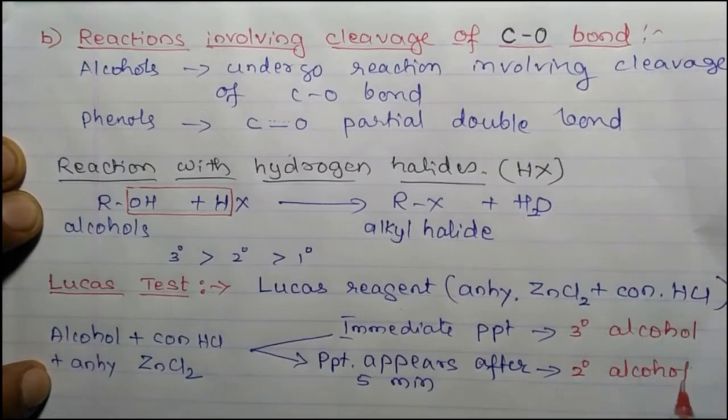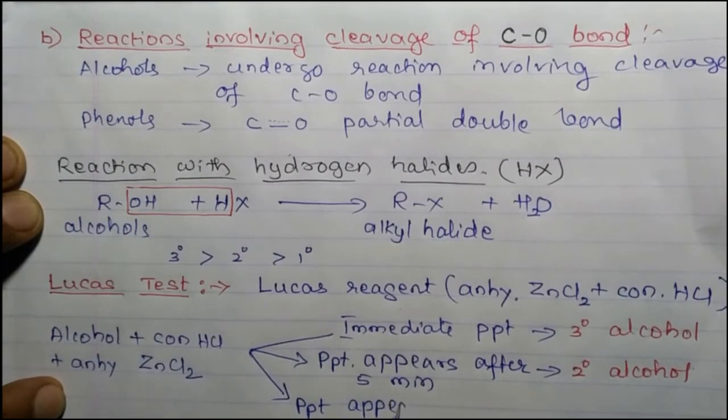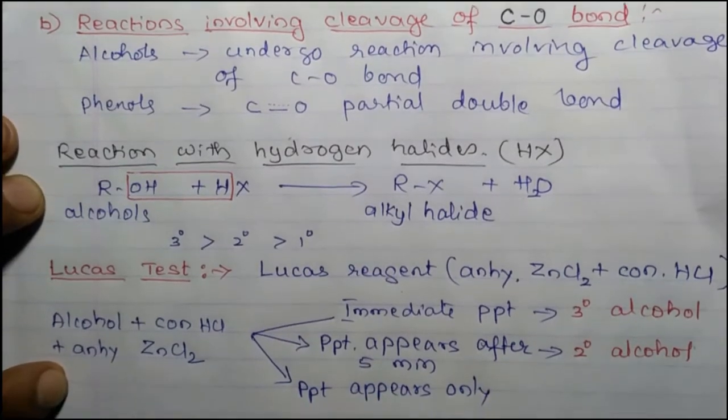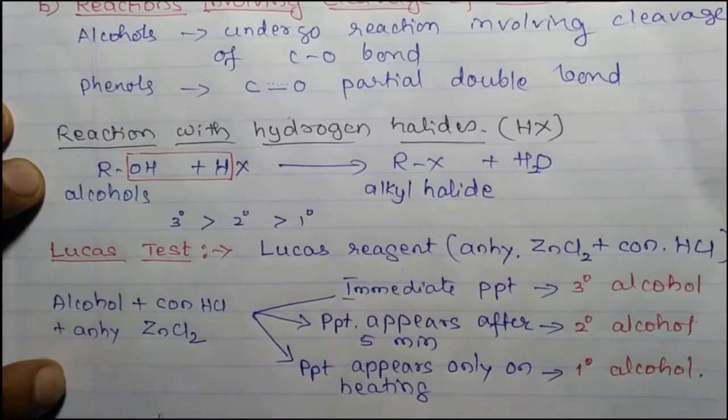If turbidity or precipitate appears only on heating, then that is a primary alcohol. In this way we can distinguish primary, secondary and tertiary alcohols. This test is called the Lucas test.